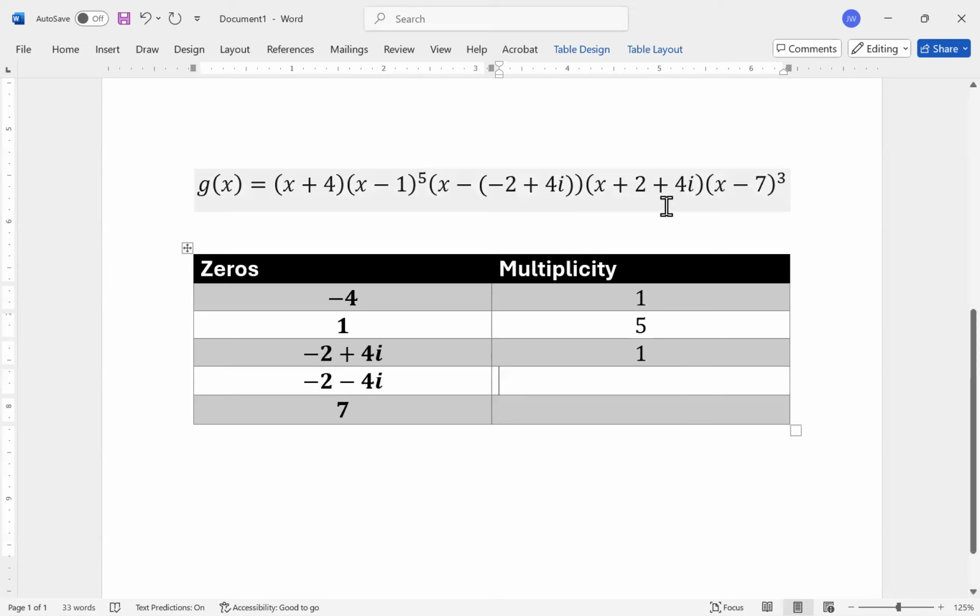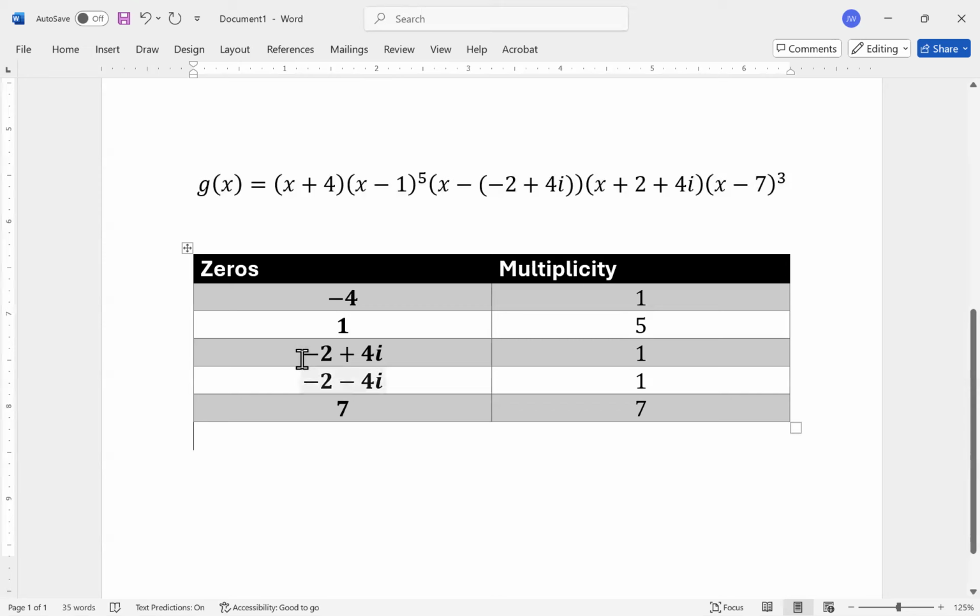The multiplicity of -2 minus 4i is 1. And the multiplicity of 7 is 3. If you multiplied this out, you would get a degree 15 polynomial as your g of x. And you can see that the multiplicities add up to 15.